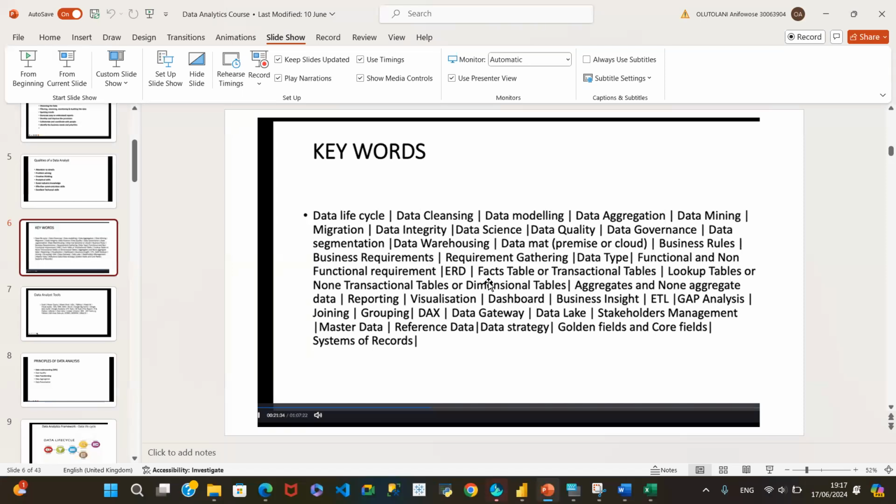Fact table or transactional table. What tables are called fact tables? It's like saying male. Male is generic, it's general for every male. Then you start to have different males, you want to name them by their names.